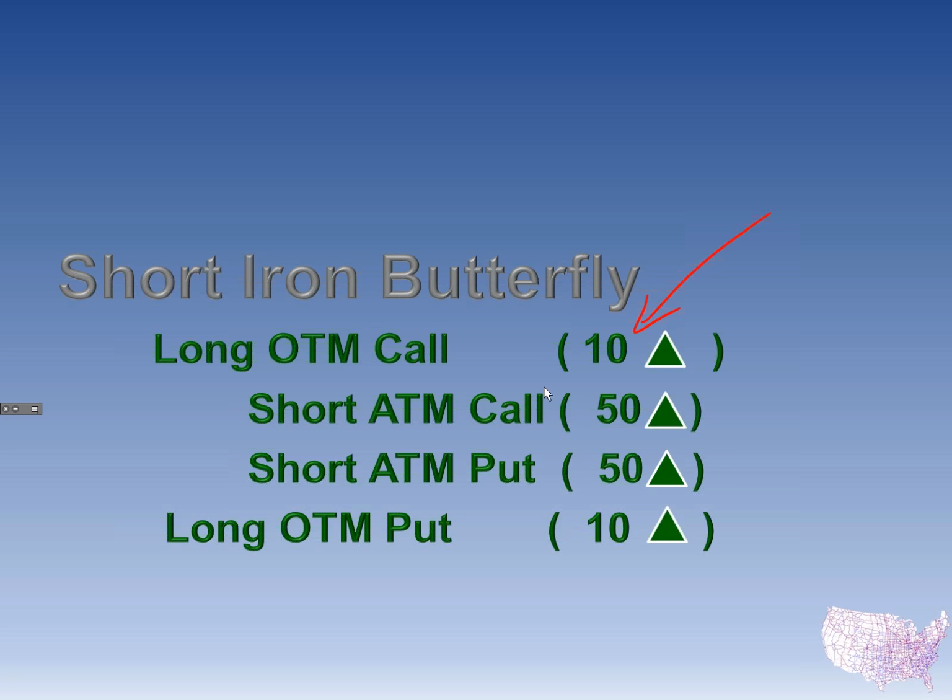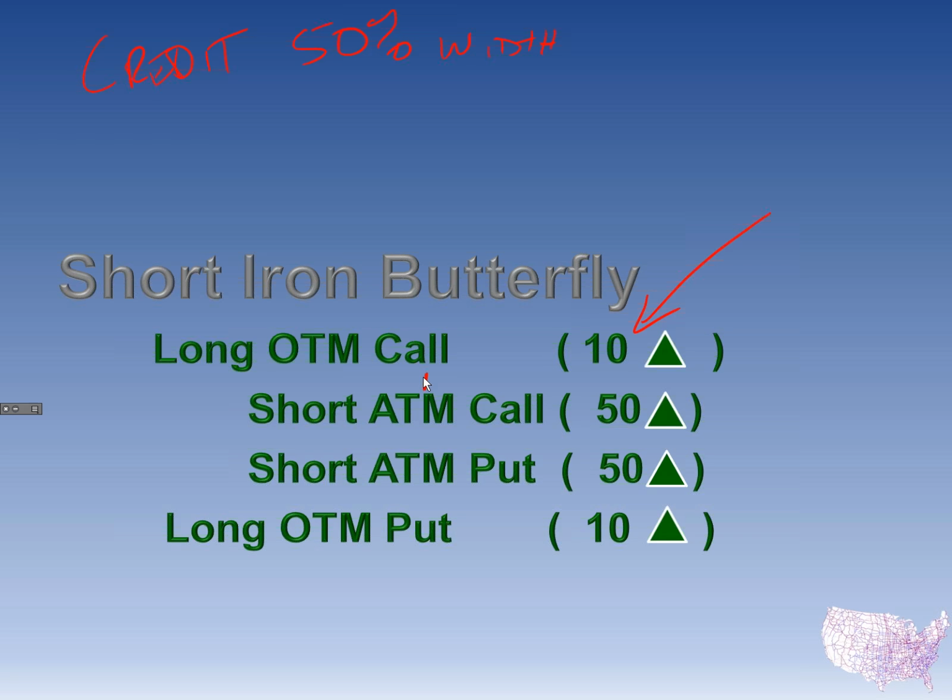And my rule for this is I like to collect a credit that is 50% of the width. So if I had $40 wide between the short strike and the long strike, then I would need to collect at least $20.